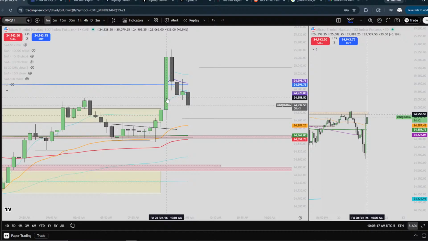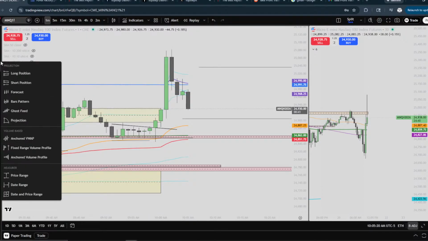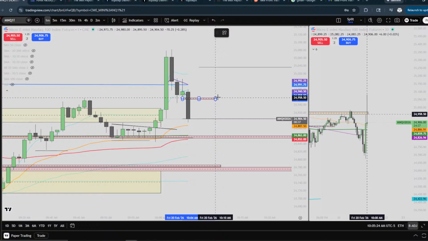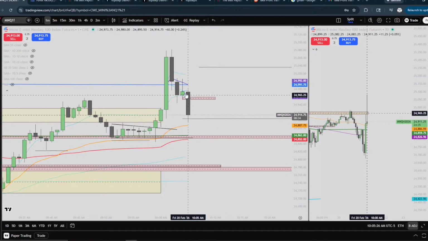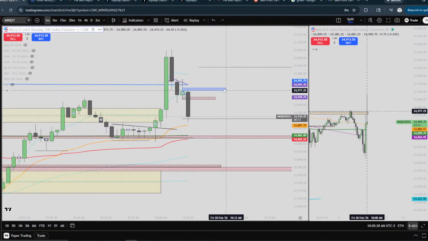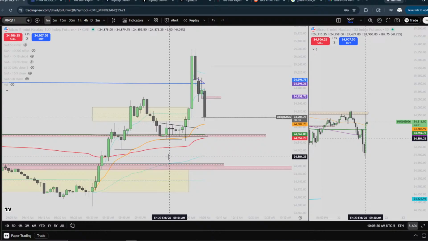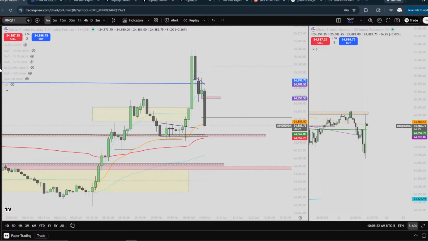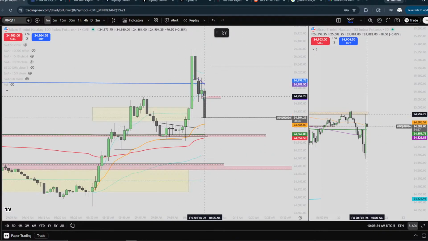Now, if I were to take a trade, it would be right here. It would have been right up here, right when we got to this band, with a stop above this zone here. Targeting here. Yep, there we go.